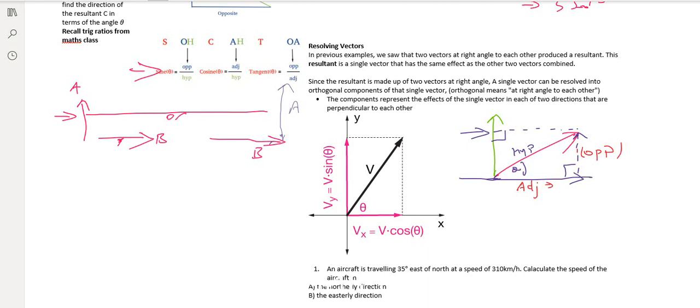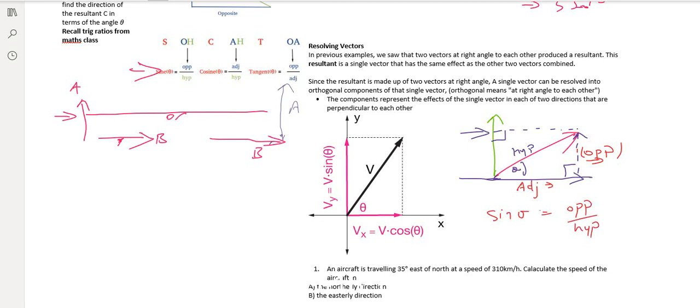Now, when you look at the formula that links the opposite, let's look at that formula. That formula would be sine theta is equal to opposite over the hypotenuse.